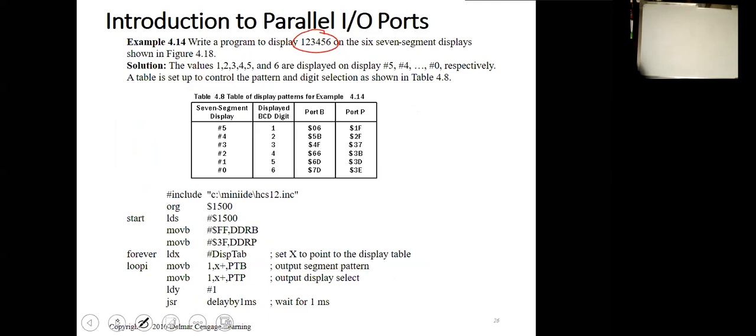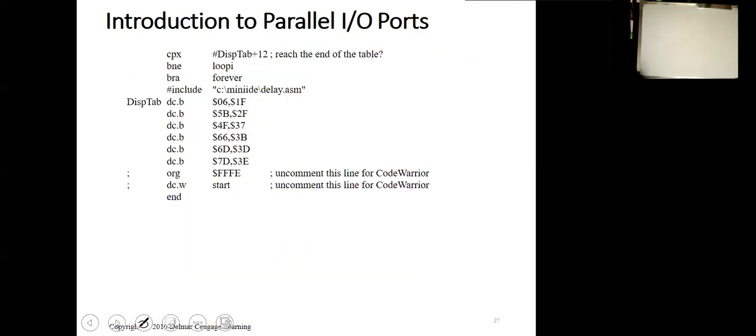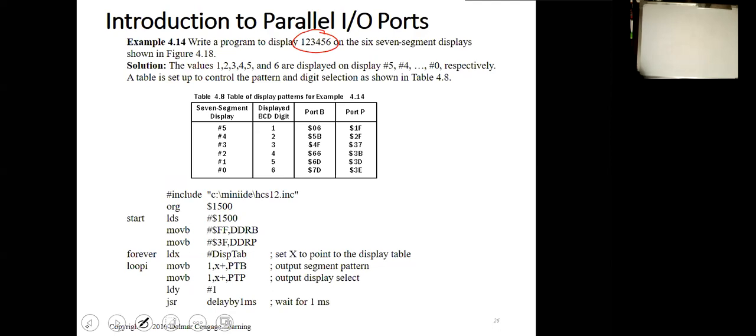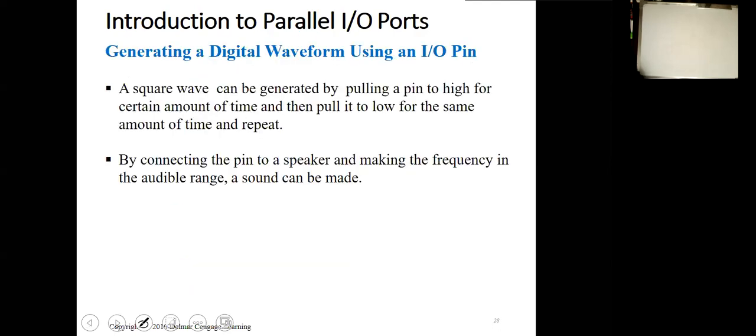What we did is we defined an array, and this array contains 12 bytes, and each 2 consecutive bytes correspond to turning on one of the displays and displaying a certain value on it. Then we looped through it as we did in the previous example. Okay, so this is a very quick summary of what we did last time.